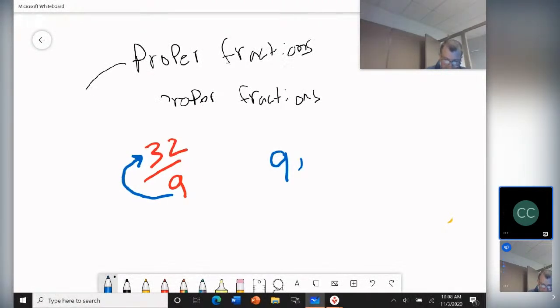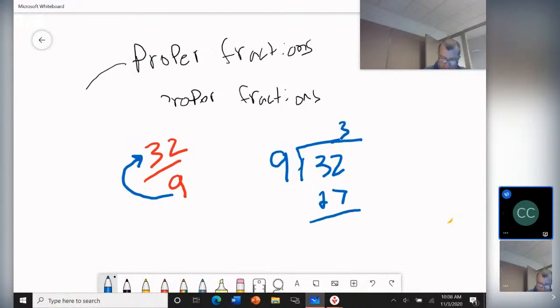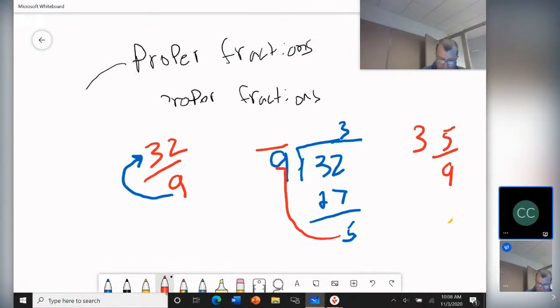So 9 into 32 is going to go 3 times. 3 times 9 is 27. There's going to be 5 left over. Remember, whatever's left over always goes over the 9, the denominator. So we're going to have 3 and 5/9.